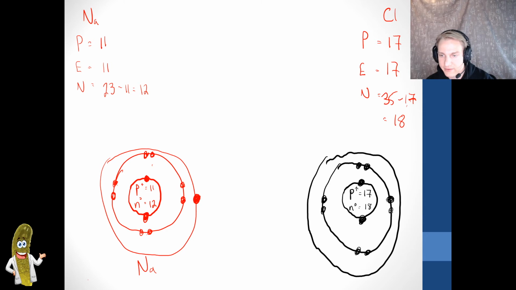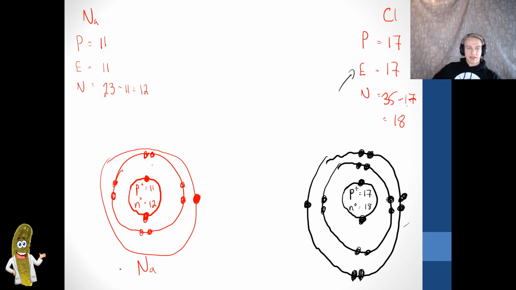I've drawn 10 of my 17 electrons. So I'd have to start drawing the 7 on the outside. So 1, 2, 3, 4. And then I'd start pairing these up. 5, 6, 7 more electrons have been drawn.